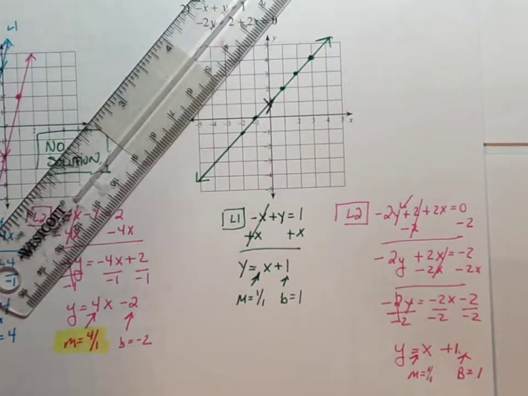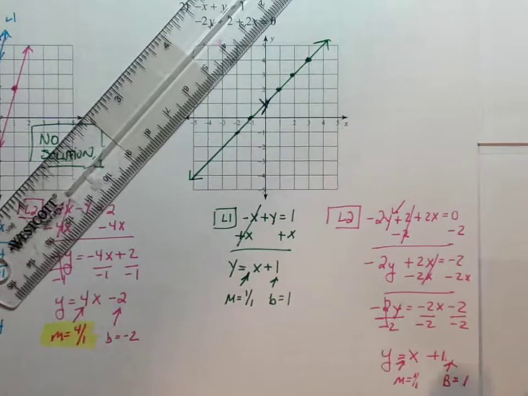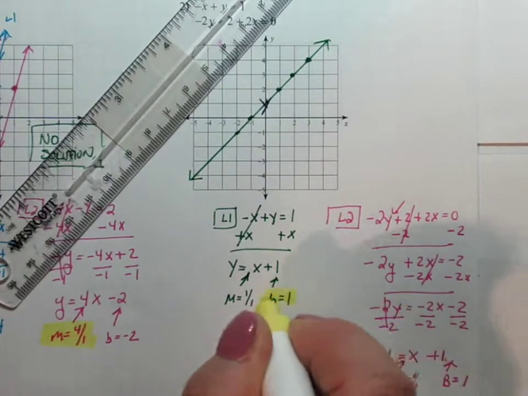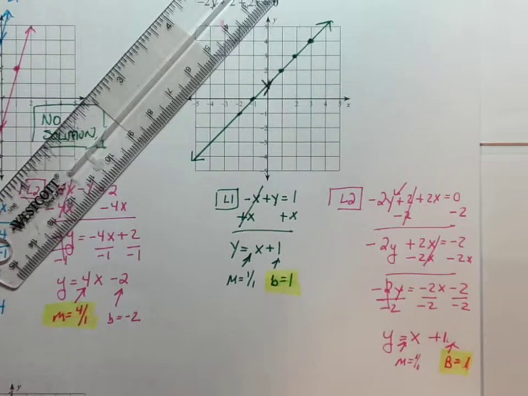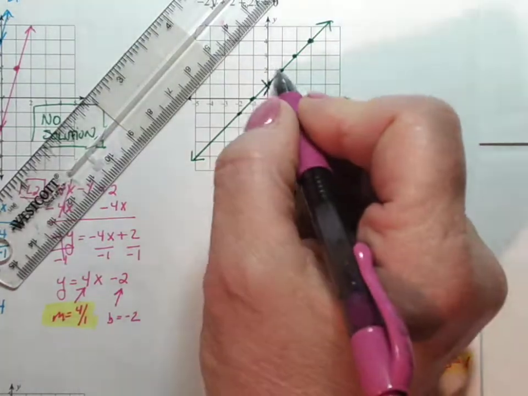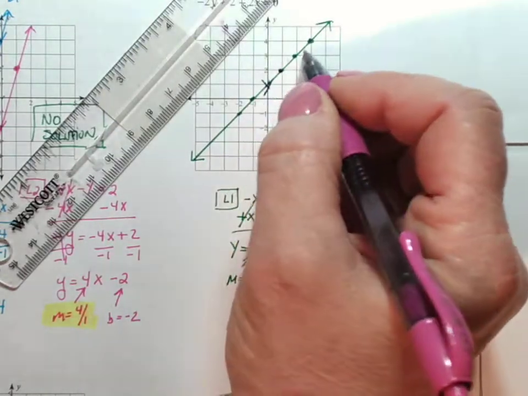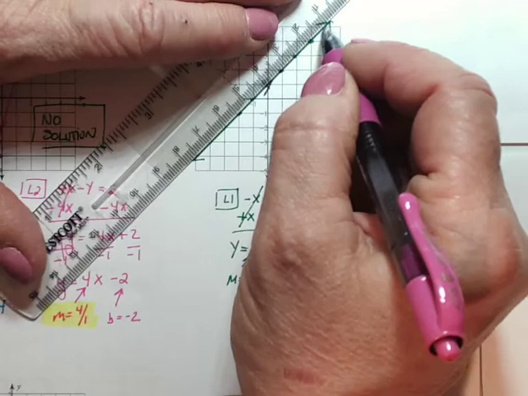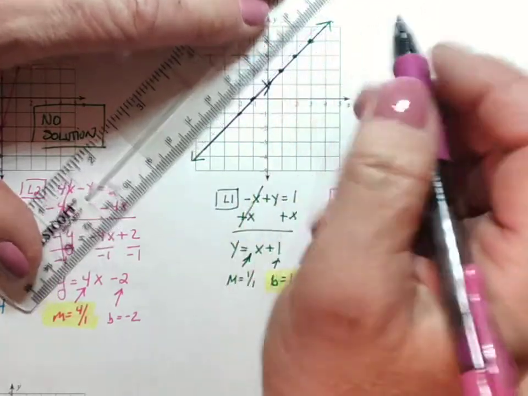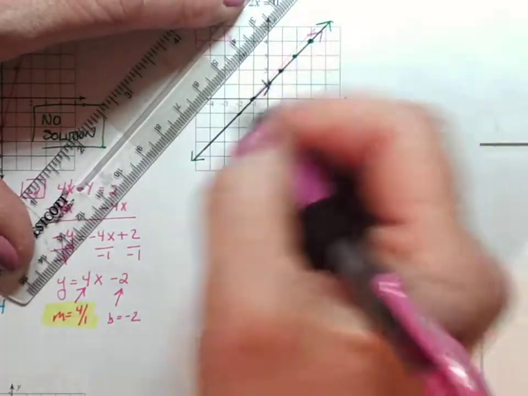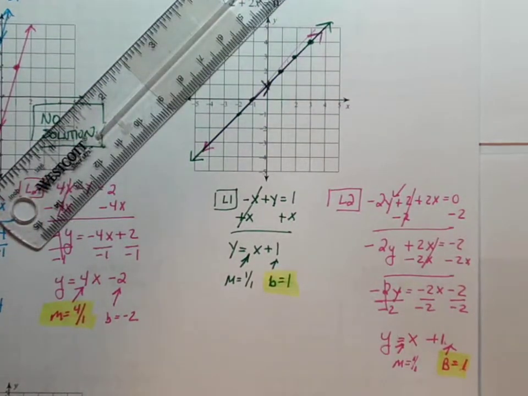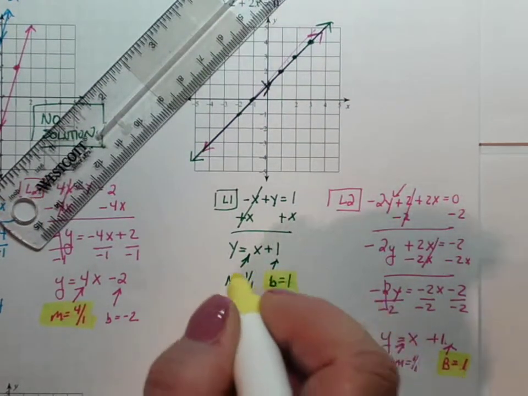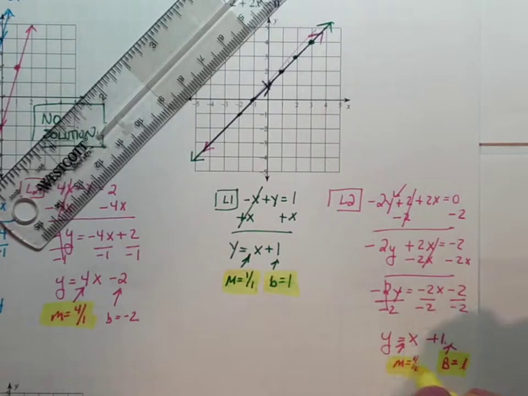Okay, so both of these lines have the same y-intercept. And I would go up 1 over 1. And just for demonstration purposes, we see that we have the same y-intercepts, the same slope.